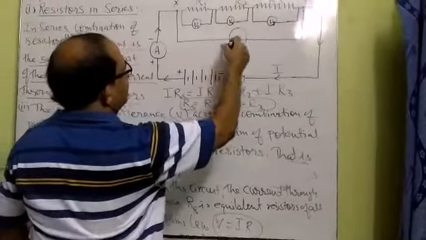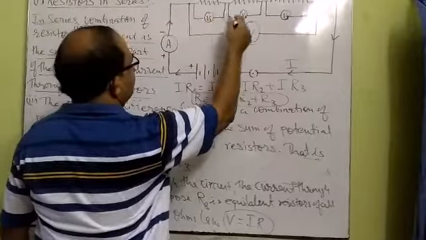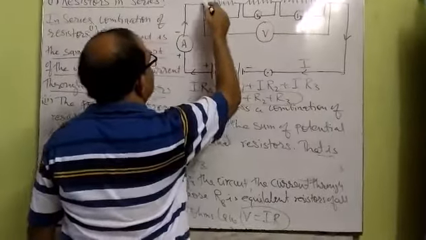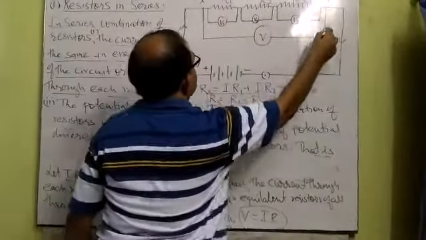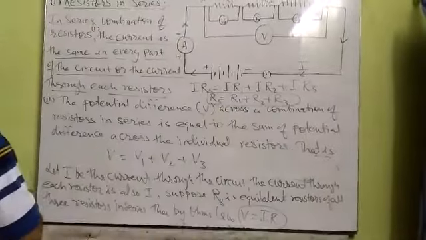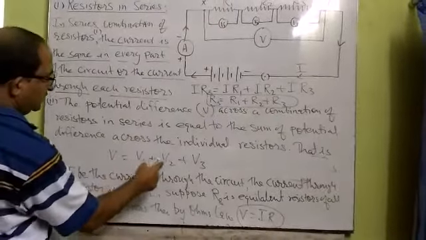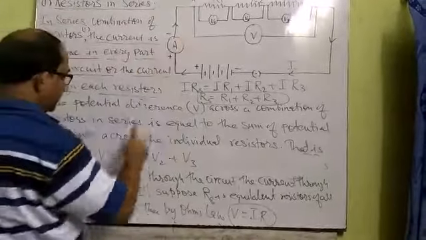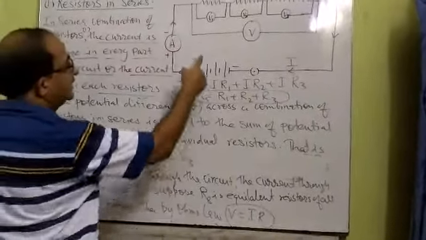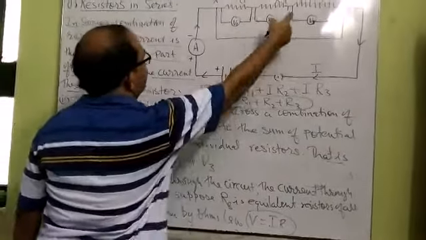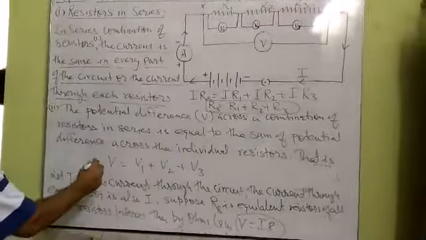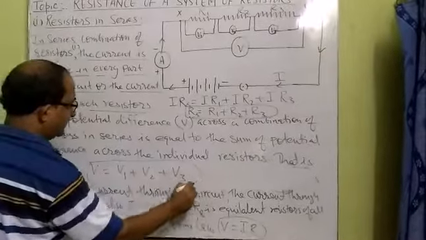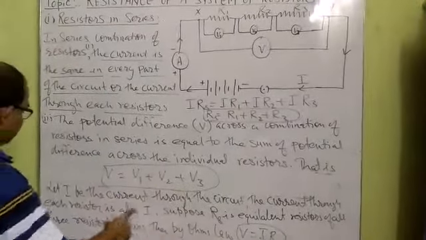Their sum will be equal to the total potential difference across the whole combination. That is why V is equal to V1 plus V2 plus V3, where V is the potential difference across the whole combination and V1, V2, V3 are the individual potential differences measured across each resistor.